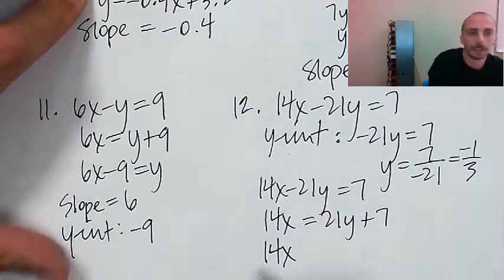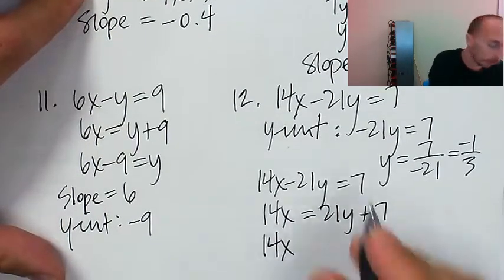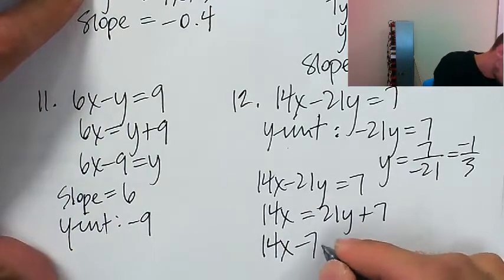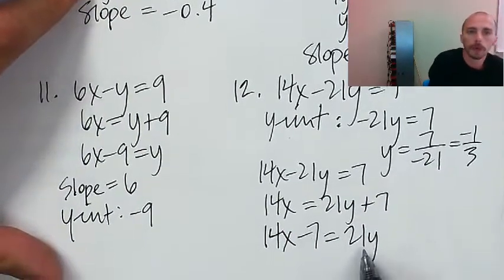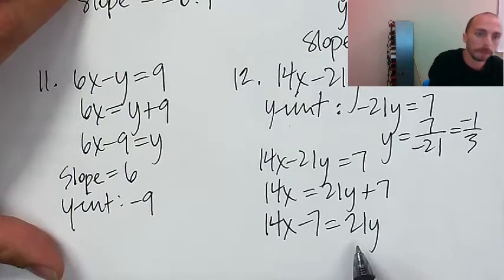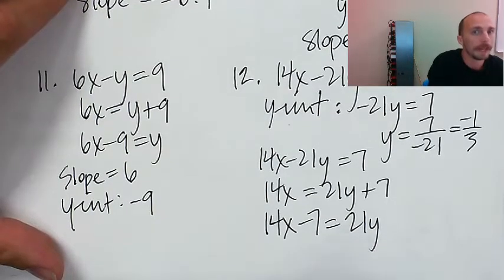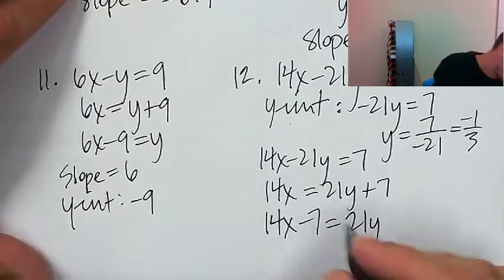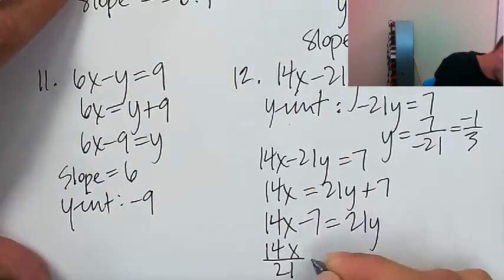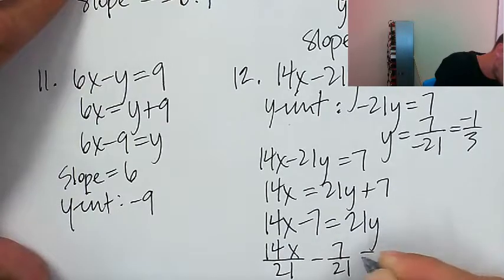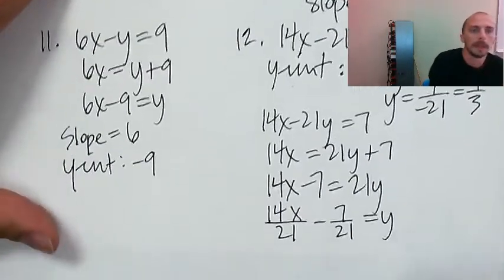I can't really do anything with 14x and 7, those aren't the same type of term. So I'll just say 14x minus 7 equals 21y. Then I'll solve for y by dividing both sides of this equation by 21, and I have to remember to divide everything by 21. So 14x divided by 21 minus 7 over 21 equals just 1y.